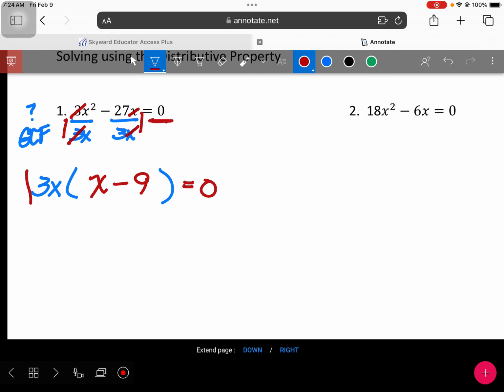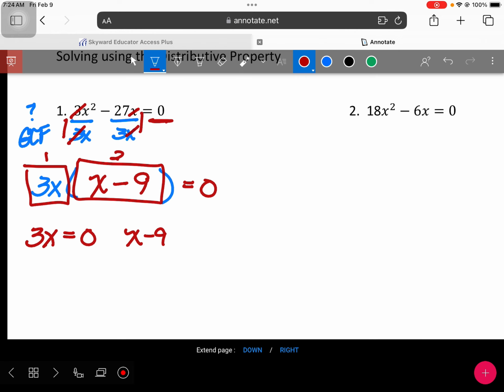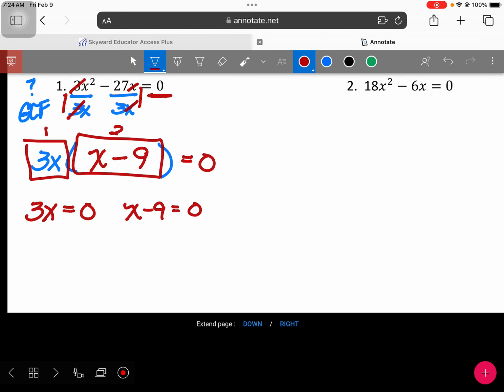So then I set this first factor equal to 0, and I set the second factor equal to 0. And divide by 3, divide by 3. X is equal to 0, or add 9, x is equal to 9.